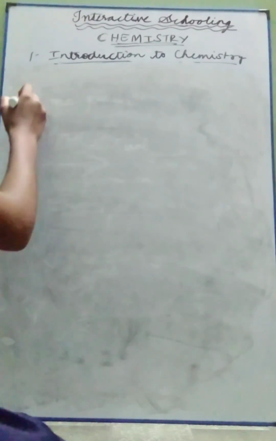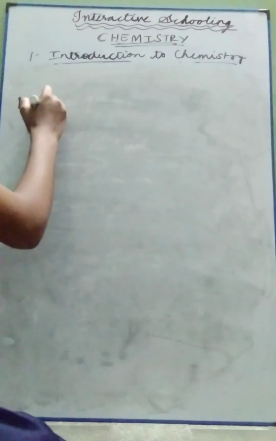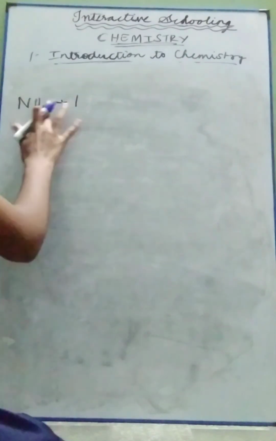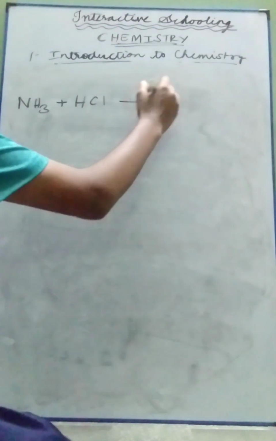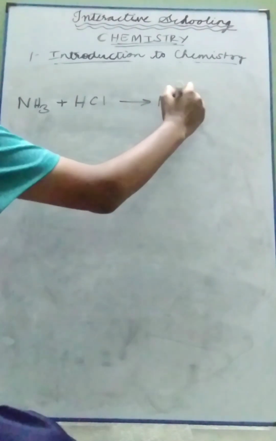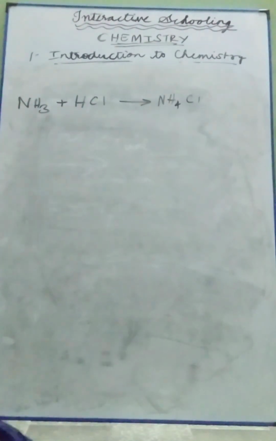So if you take this reaction, this is the reaction that I was talking about. NH3 plus HCl gives NH4Cl. Okay, so this is a very common example.